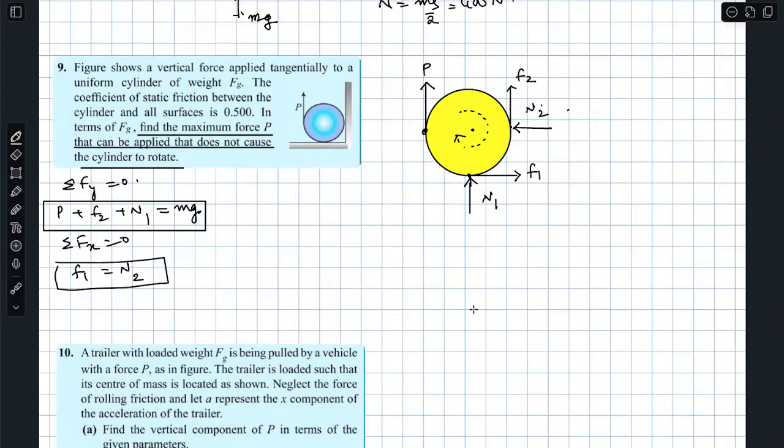Now you need to take the net torque. If you take about the center, P into R is F1R plus F2R. So P is F1 plus F2.